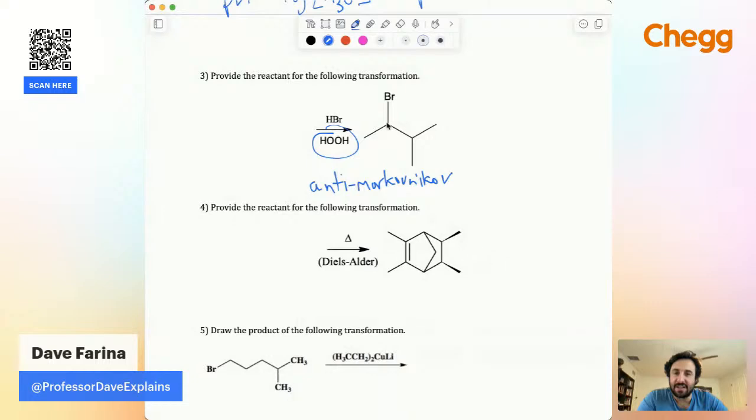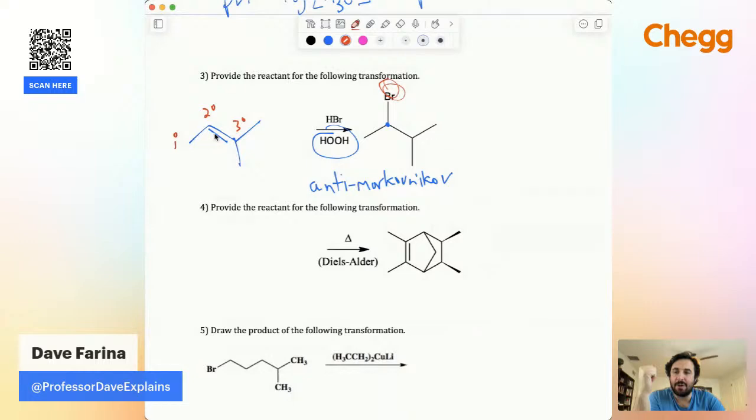If the bromine went to the less substituted carbon, that means that the pi bond must have been here, right? Because we have a primary carbon, a secondary carbon, a tertiary carbon. With the pi bond here, the incoming bromine atom will go to the less substituted, the secondary. That's where we want, right?